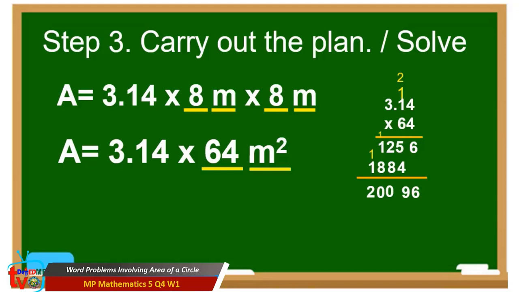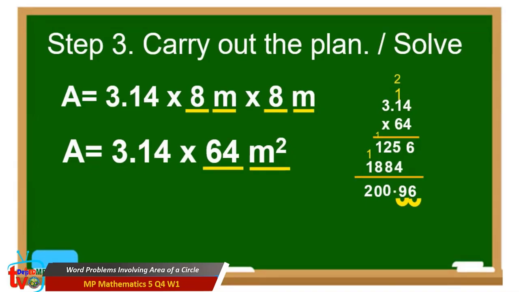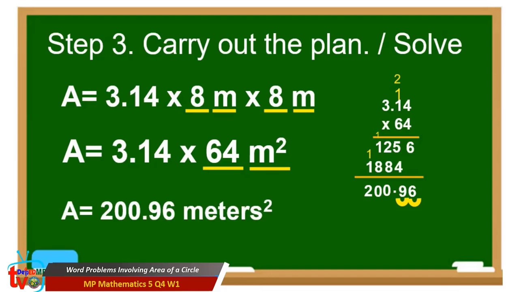Move the decimal point 2 places to the left. So the answer is 200.96 square meters. So the area of the swimming pool is 200.96 square meters.